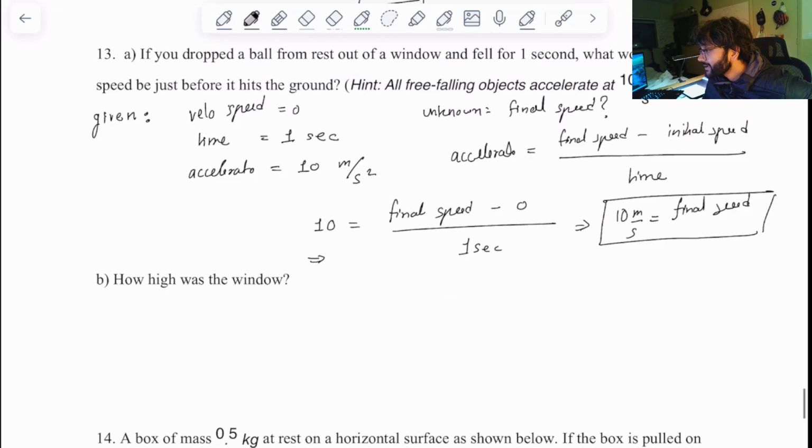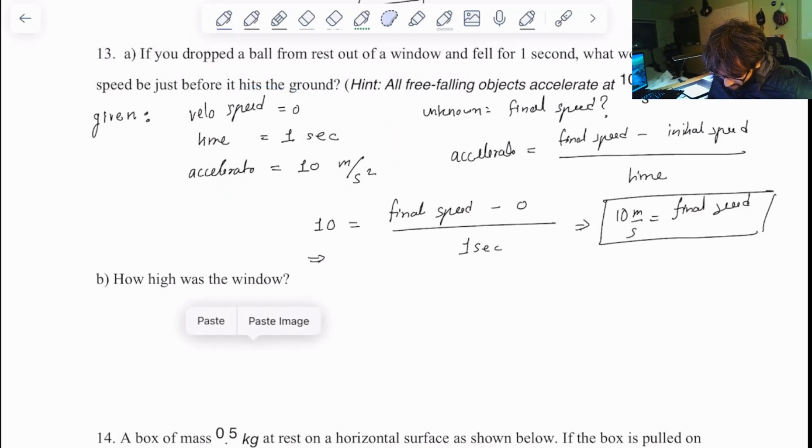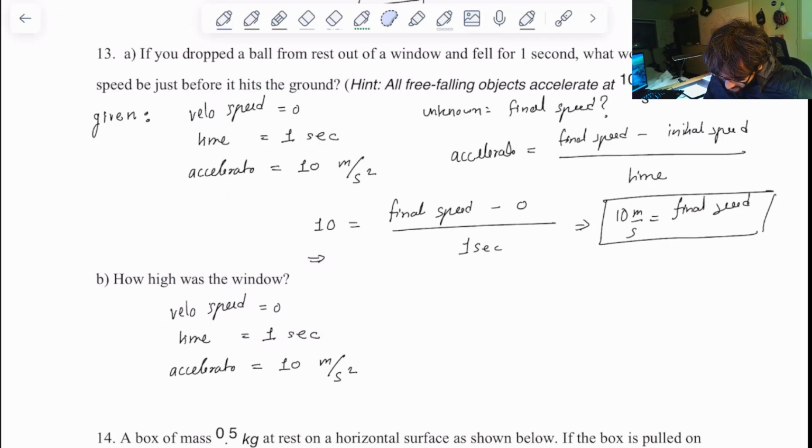How high was the window? Okay, how high was the window? So we know the final speed. Let's do this. So we know everything we know here. Copy, paste. That's the given.